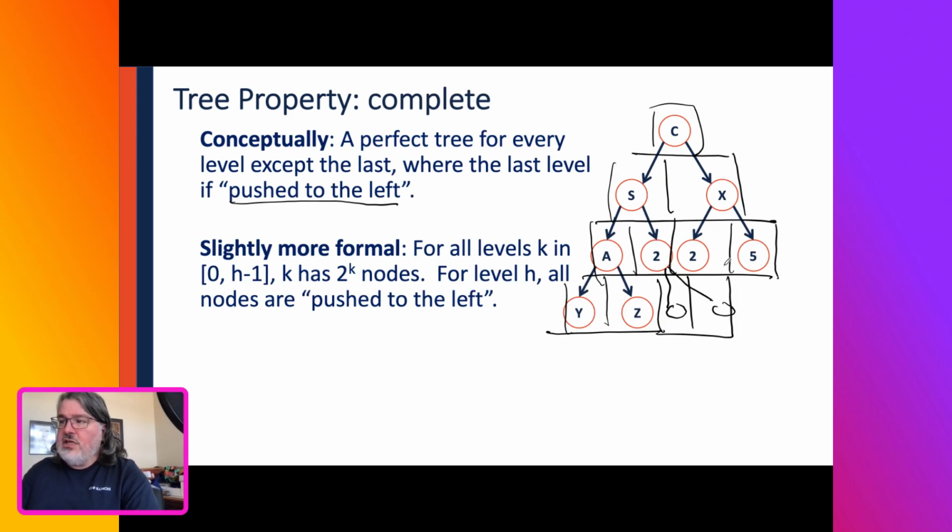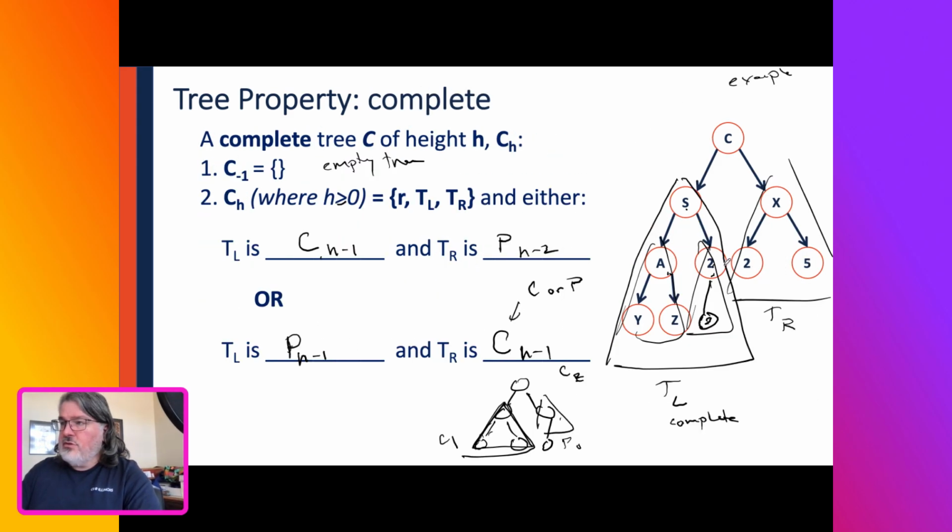C is complete and P is perfect. Okay. So here's what we end up with as a definition. That if the left tree is complete, the right tree must be perfect of height minus 2.